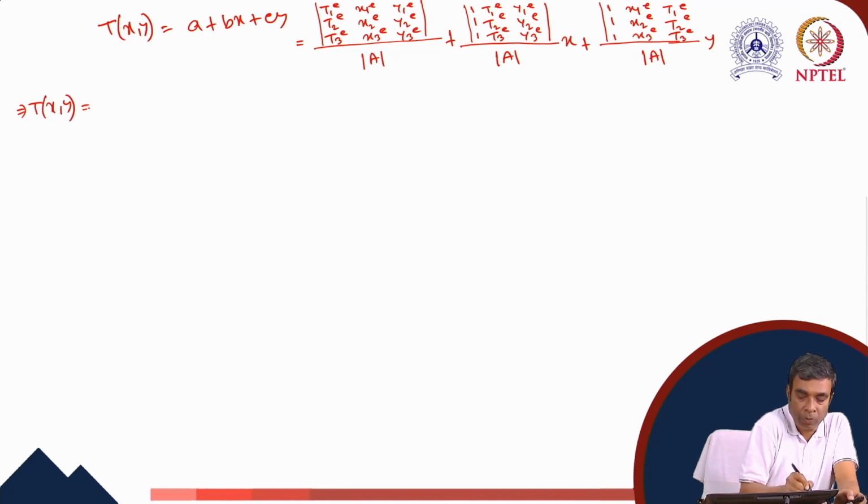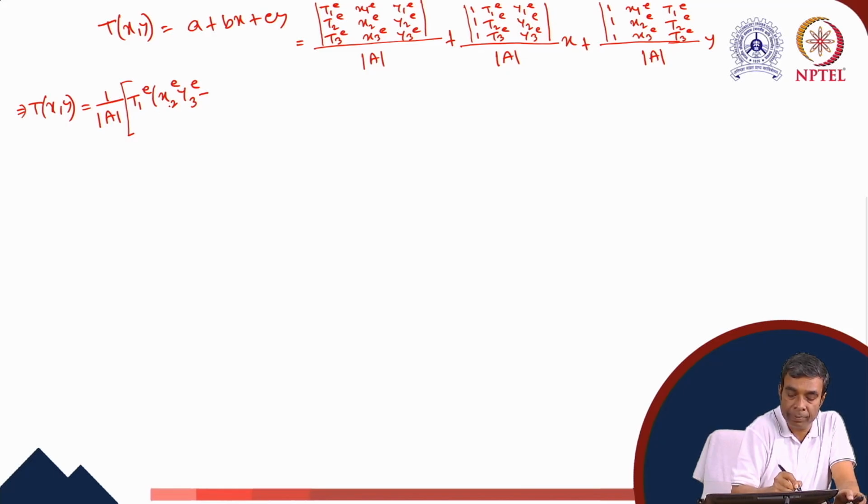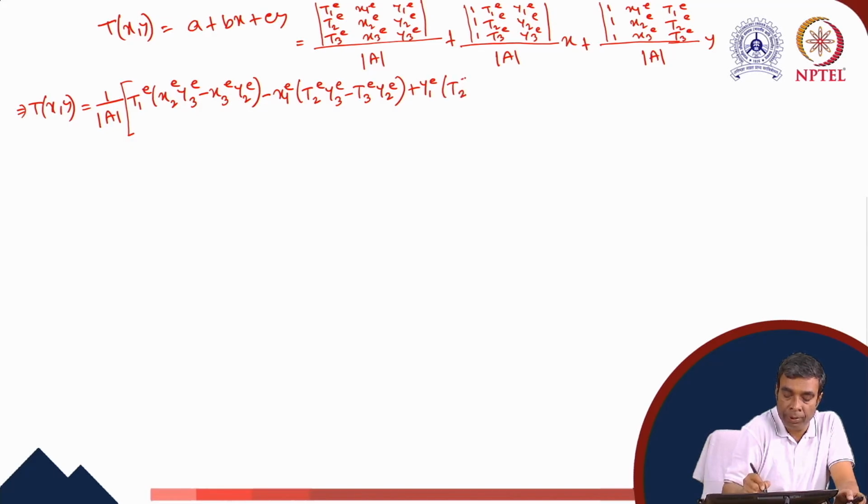This can be written as Txy equals 1 by determinant A into T1e into (x2e y3e minus x3e y2e) minus x1e into (T2e y3e minus T3e y2e) plus y1e into (T2e x3e minus T3e x2e).